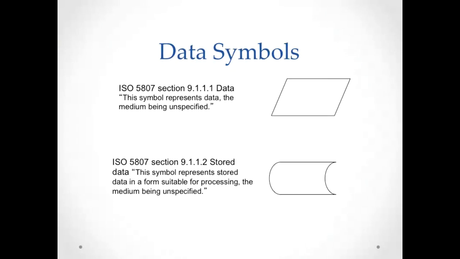The data storage symbol is the can, which looks like a database. That's sort of been flipped on its edge and used differently today. When you see something that looks like a tuna can in a diagram, it's this symbol, and they're using it to mean data storage in some database.